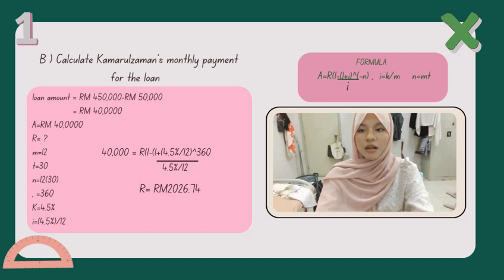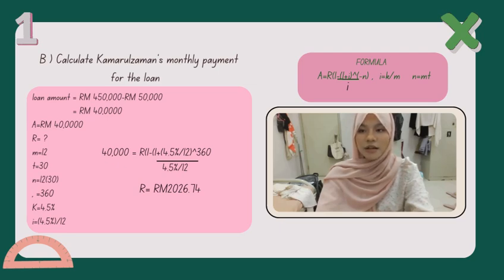So we need to put all of the information from the text into the formula. So A is equal to RM 40,000. To find this, we must find the loan amount first, which is RM 450,000 minus 50,000. And then we get the loan amount, which is A, RM 40,000.